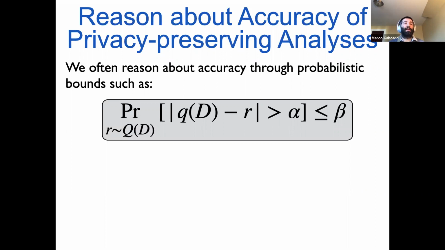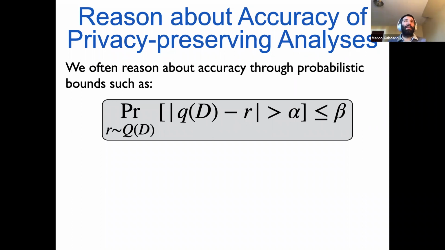So in general, we are interested in saying that if we run a differentially private data analysis, PQ, on some data set D, then the probability that we get something close to the analysis that we would have without noise, little q over D, is bounded by some beta, and we are looking at how far this true answer and the noisy answer are, and we quantify this by alpha.